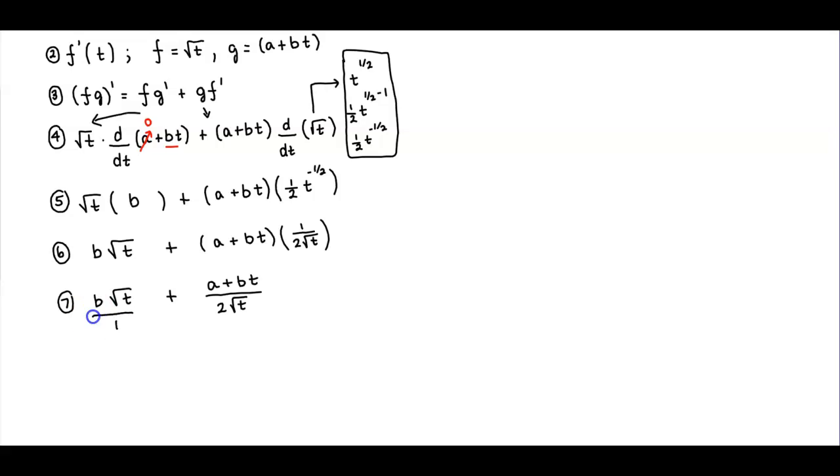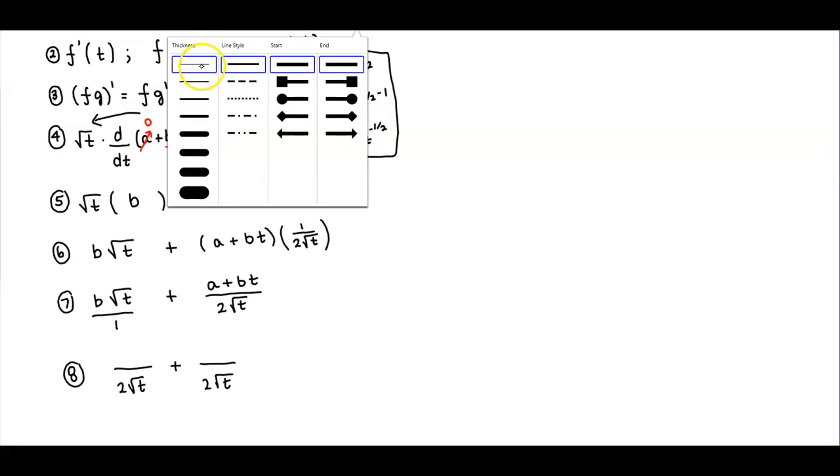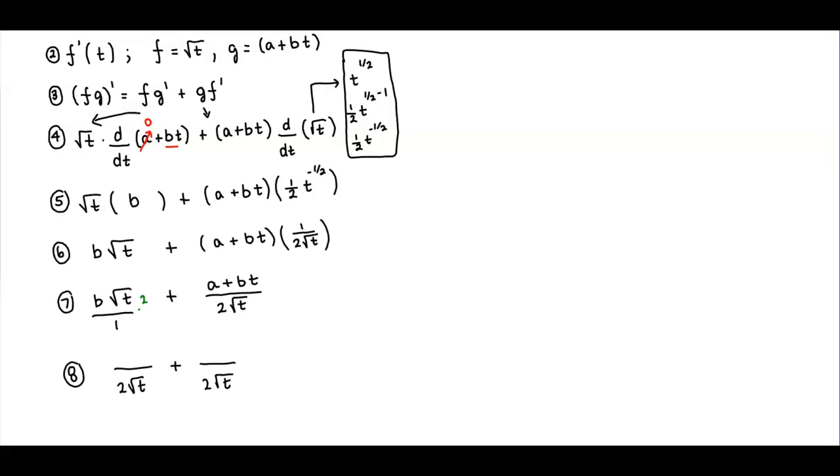If the denominator here is 1, the common denominator between 1 and 2 times the square root of t is 2 times the square root of t. So what does that mean? That means we need to multiply the numerator and the denominator by 2 times the square root of t.